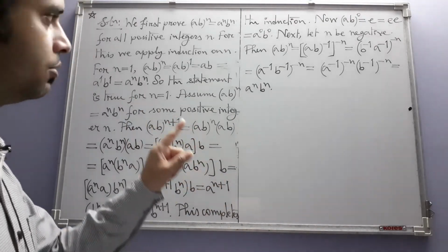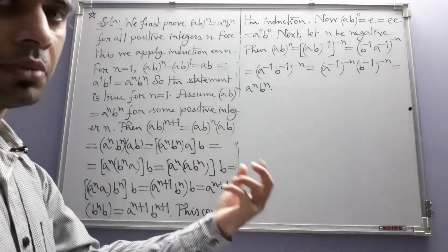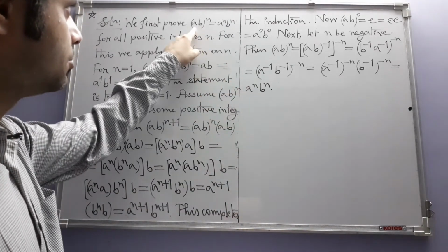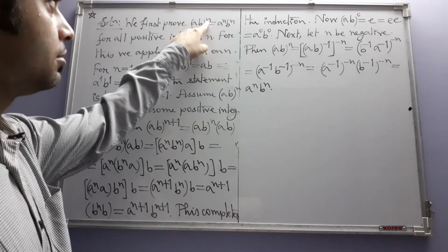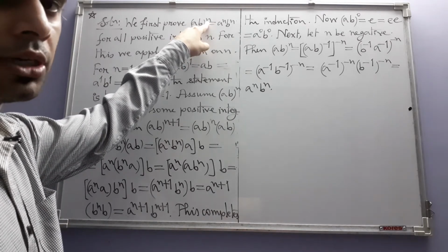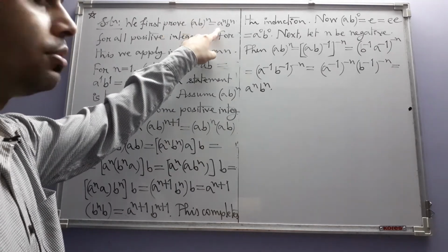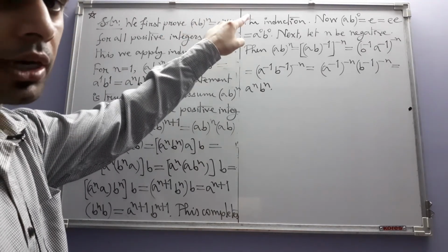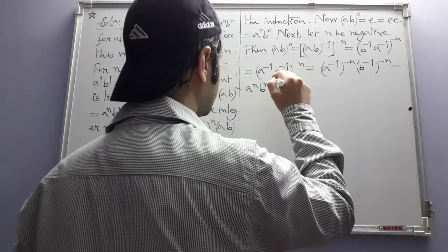That is, you find a non-abelian group, consider two elements A and B, and for simplicity take n equal to 2 and try to show that AB whole square is not equal to A square B square. Okay, so that I want you to do.